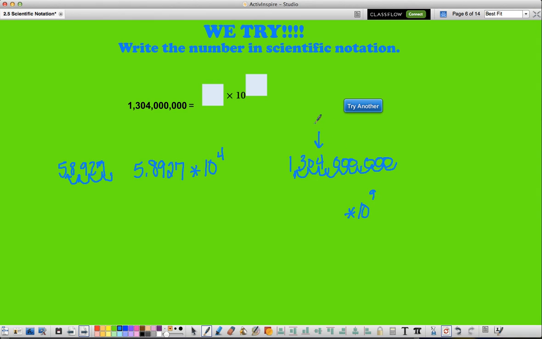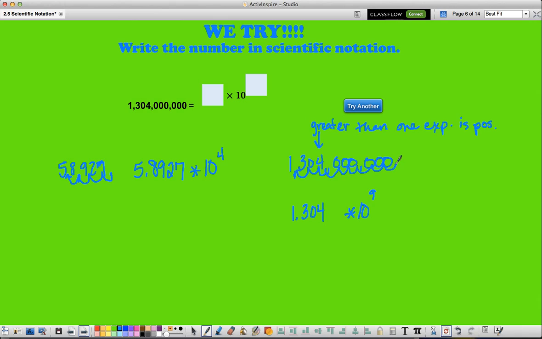And this number, since it's greater than 1, my exponent should be positive. And the number that I created, I have to keep this 0 between the 3 and the 4 because it's a placeholder, but I can get rid of all these zeros at the end.